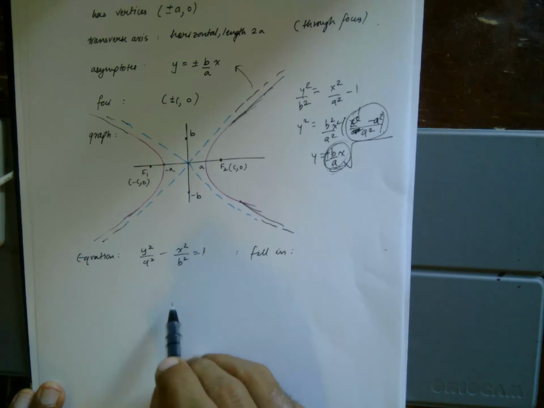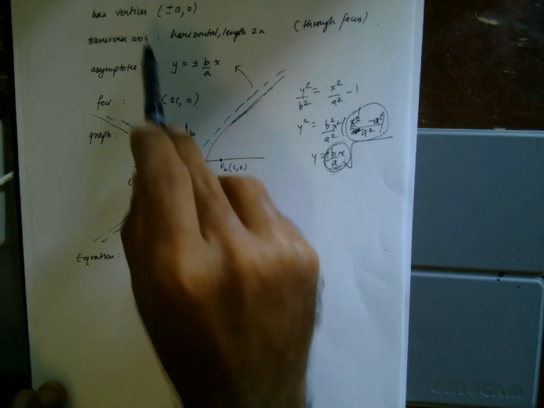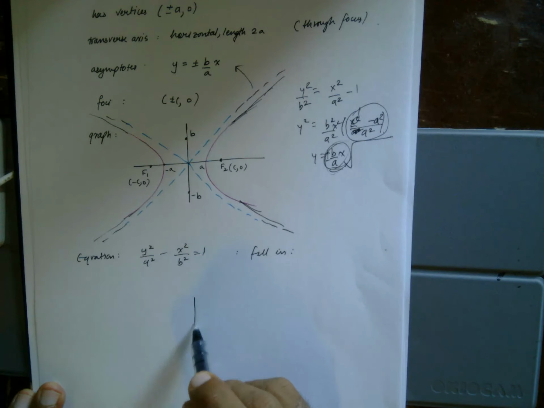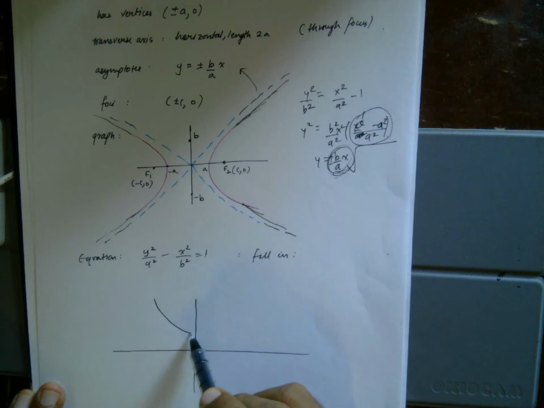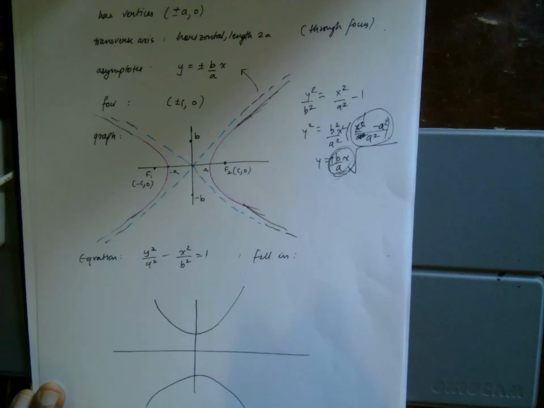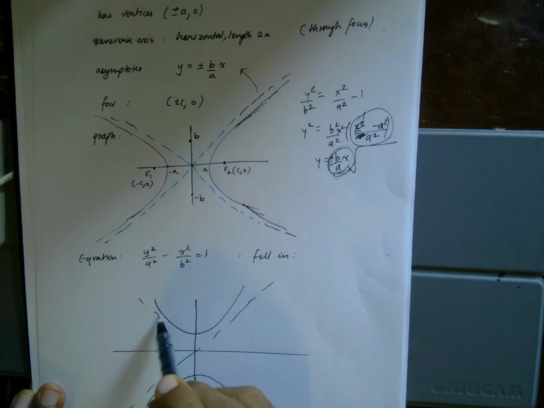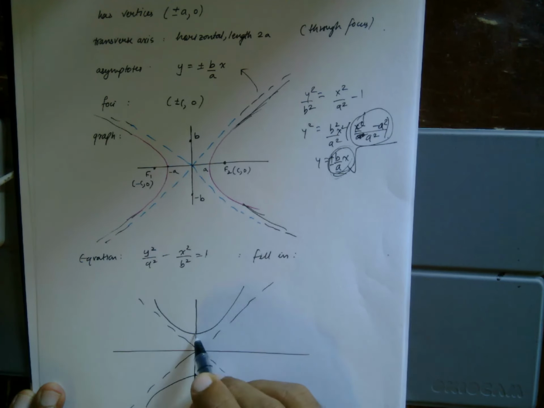In the same way, now I switch over the coefficients a squared, b squared. What I get is a hyperbola, but on the other axis. So this time that's my asymptote. Now these vertices are 0, negative a, and 0, positive a.